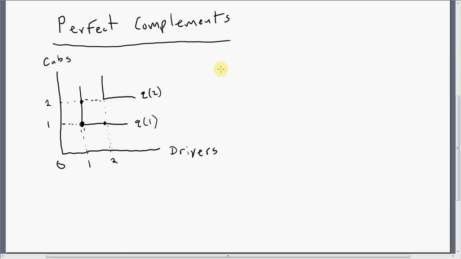So the production function I'm describing here is taking on the following form. Output is going to be the minimum of what's in parentheses here.